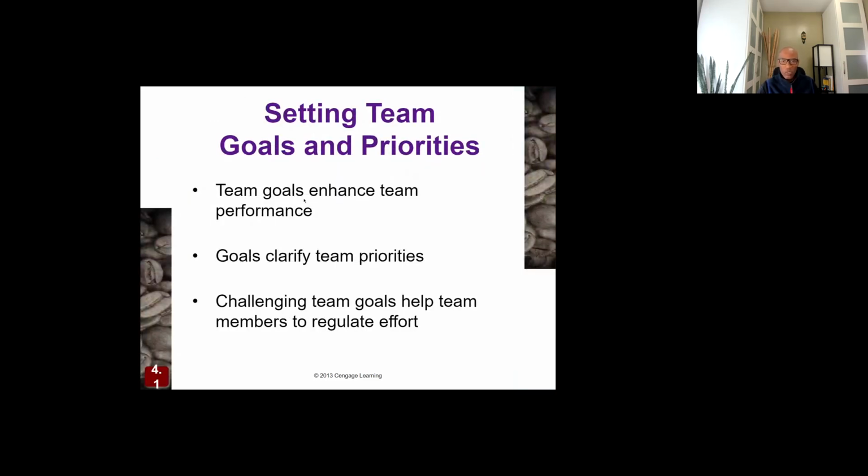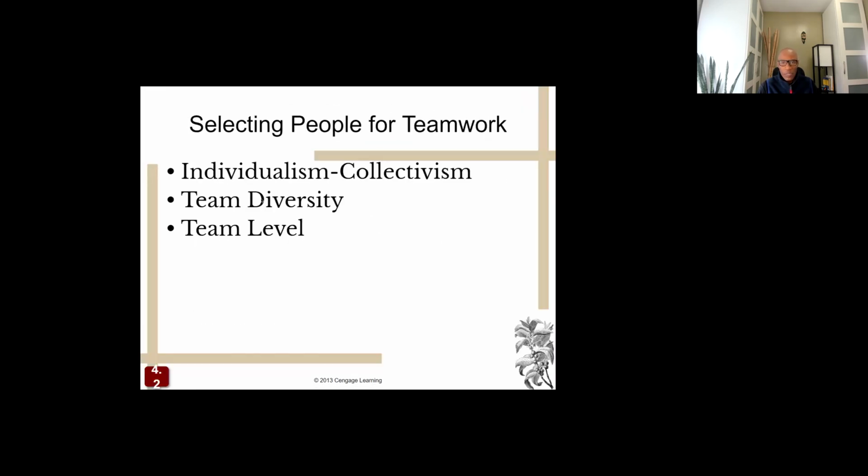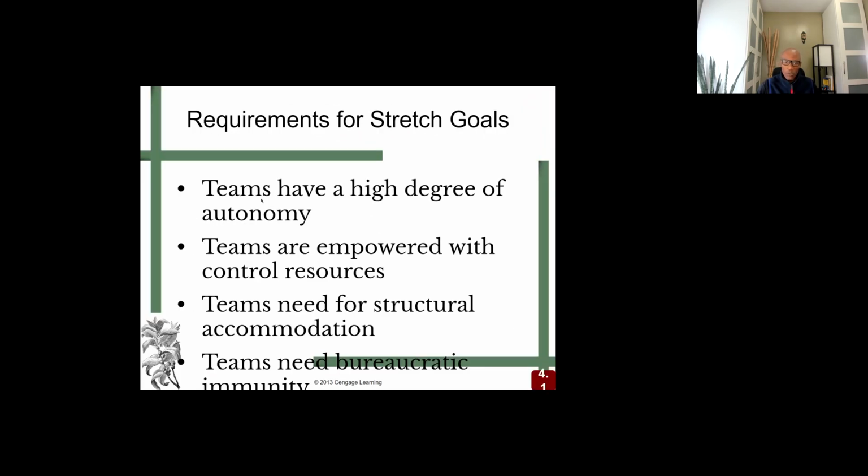So we try to set goals, making sure that the goals are in line with performance, but also with enhanced performance. Think of the clarity of the goal, make it challenging enough, but at the same time workers can get it done. Think of how much autonomy they have, the degree that they have to do the work, get the work done.